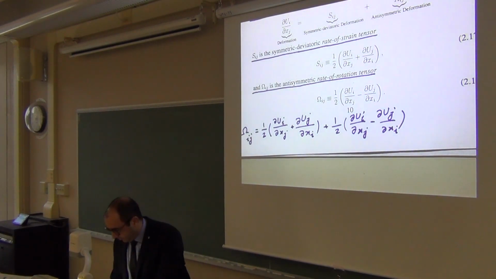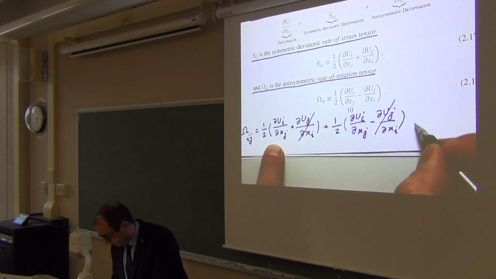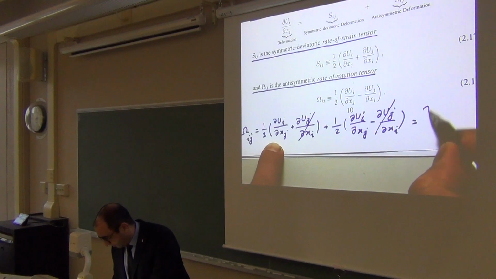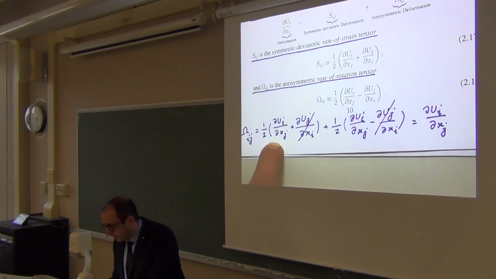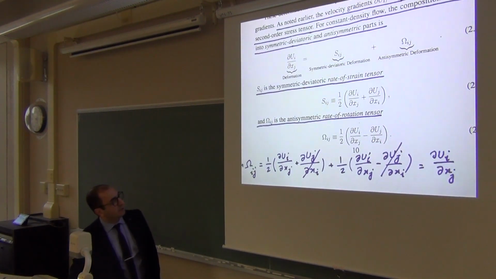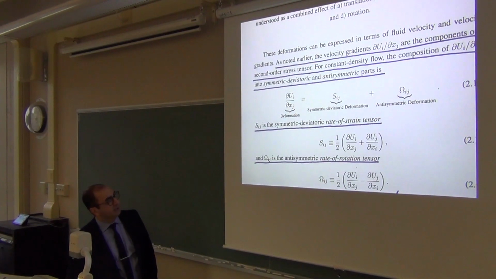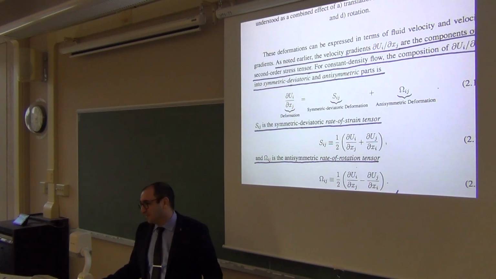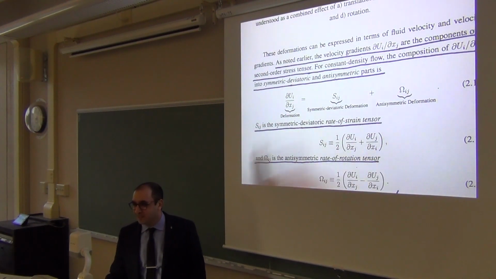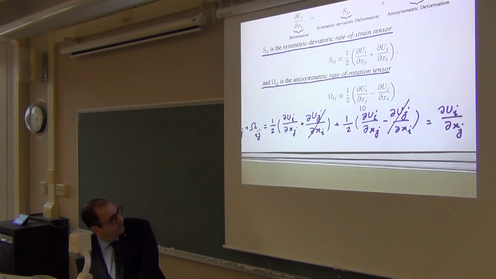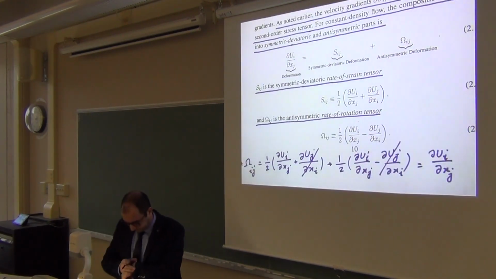And the negatives cancel. I only have partial ui partial xj left at the end. So that's what I claimed it to be up here, right? And it should not surprise you, let's put it this way. I just defined it to be that way. I just wanted you to see the relationship. Okay, so that's by definition.